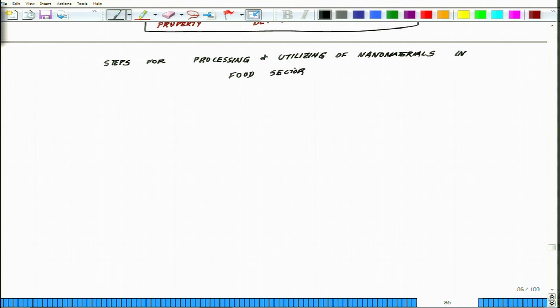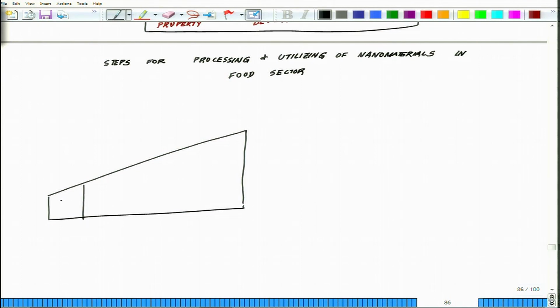Okay. So, to start off, this is how the flow chart will grow, to give you an idea. Nanomaterials, desired nanomaterials.